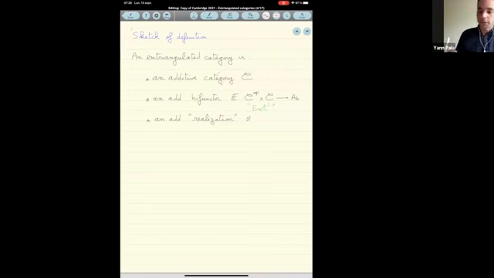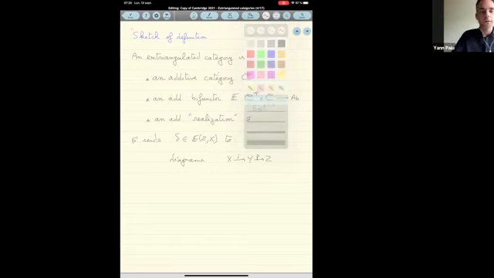So the realization S should send extensions, so say an element delta in E(Z, X), to diagrams of the form X, Y, Z, I, and P. Now, if you are in an exact category, an extension is not a short exact sequence, but rather an equivalence class of short exact sequences.